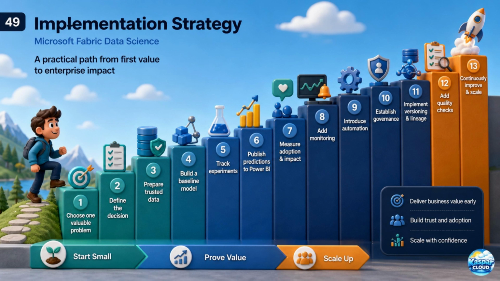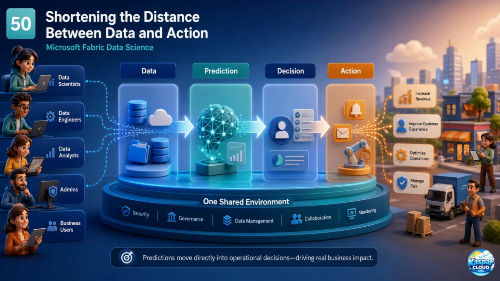The workflow can then mature by adding monitoring, automation, governance controls, model versioning, data quality checks, and lifecycle management practices. This helps avoid the common mistake of attempting to build a perfect enterprise AI platform before delivering any measurable business value. Microsoft Fabric Data Science is ultimately about shortening the distance between data and action.